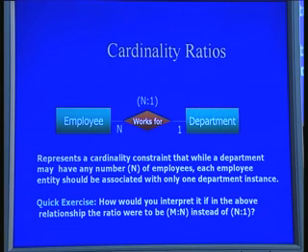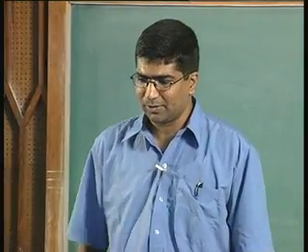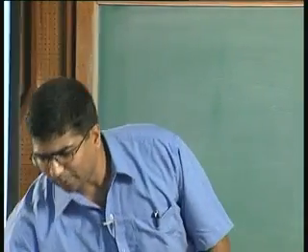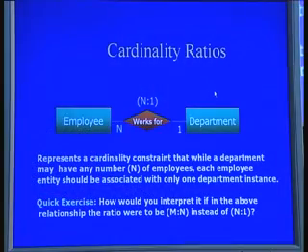So this is shown in one of two different ways. Either like this, that is n:1, which says that n employees to one department, or something like this. So it says it could be n employees working in one department and so on. On the other hand, what happens if this were to be m:n? Something like 4:3 or 2:1 or 2:5.